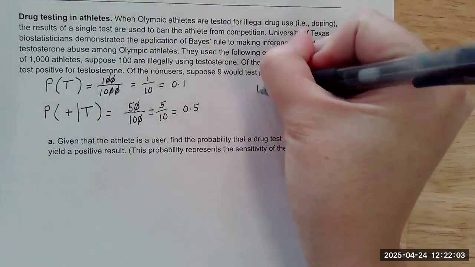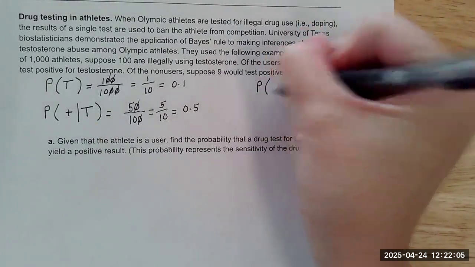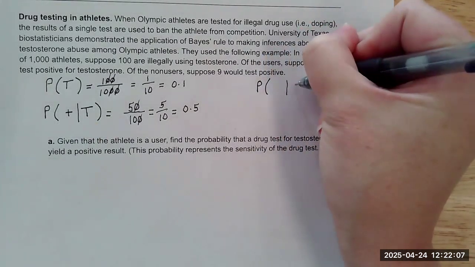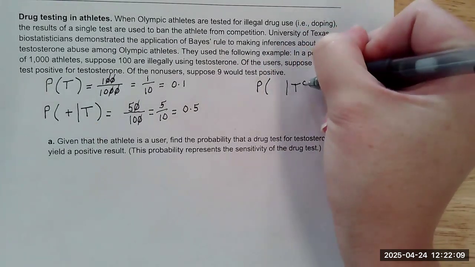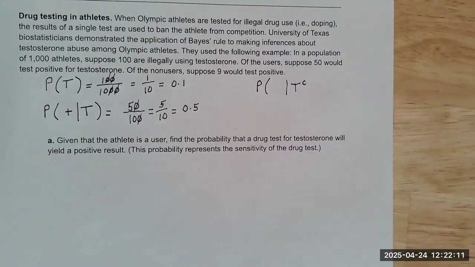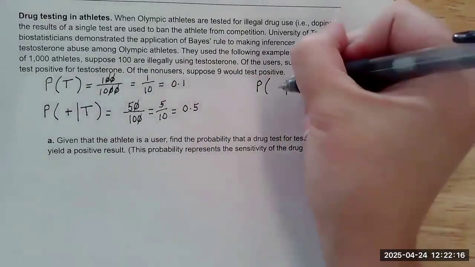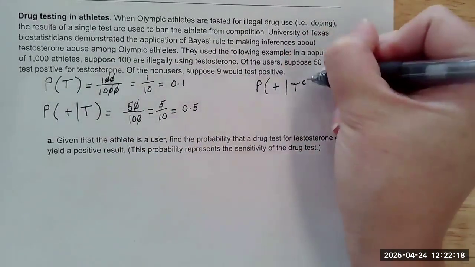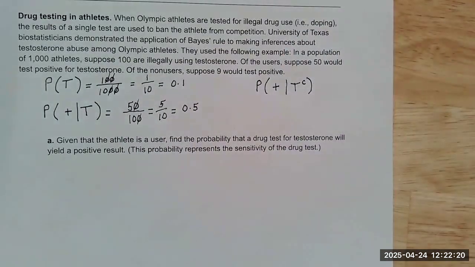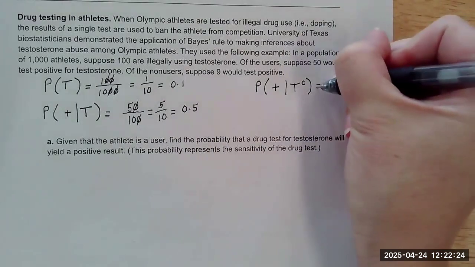So it says of the non-users. So that's given that we know they're a non-user. So I'm going to put the line down and put the T complement after the line. Given I know it's a non-user, we're talking about them testing positive. So I'm going to put the little plus sign in front. So the probability that they test positive, given that I know they're a non-user.